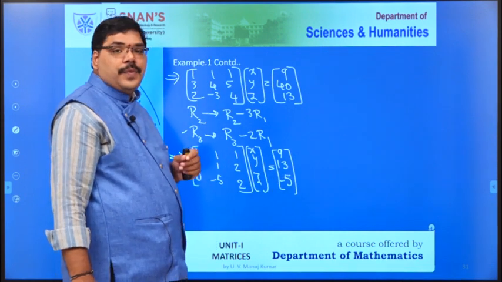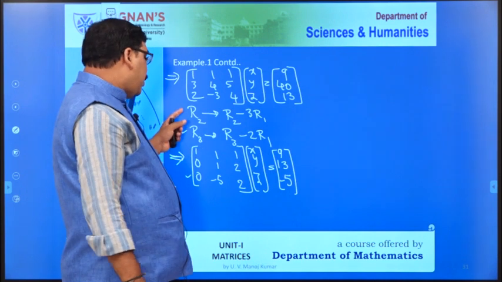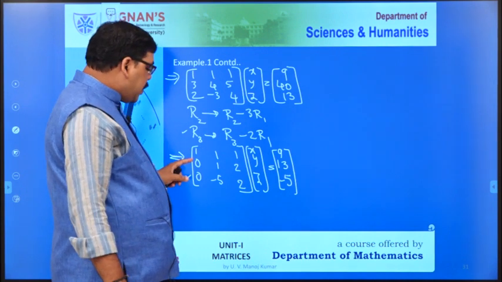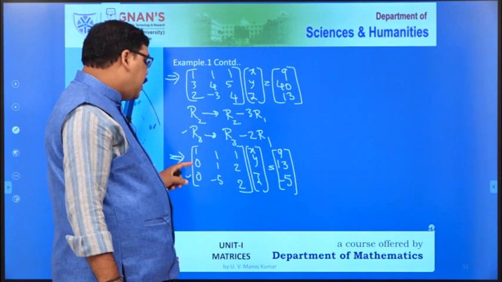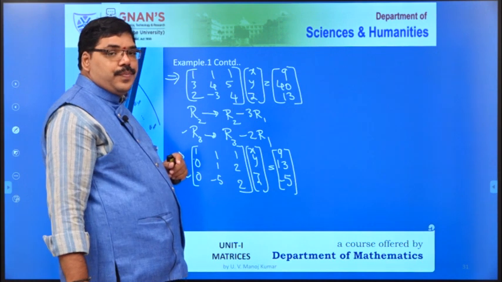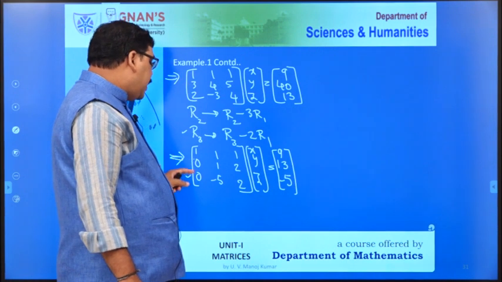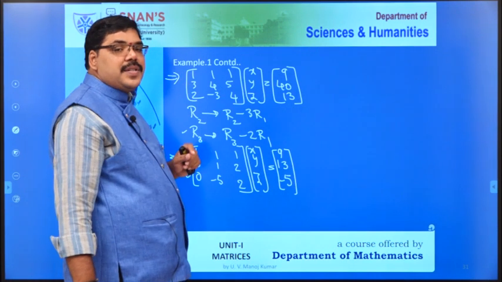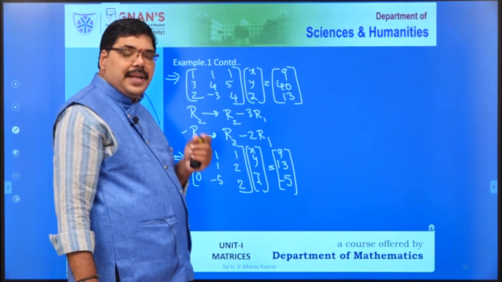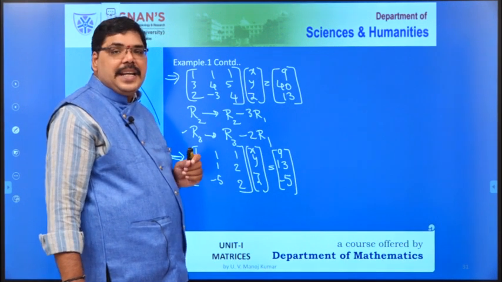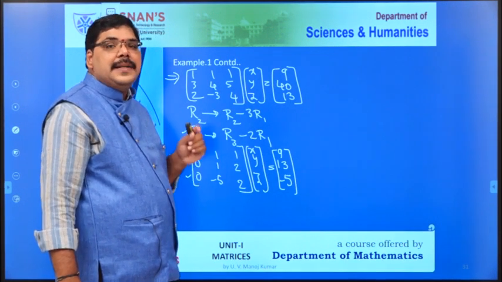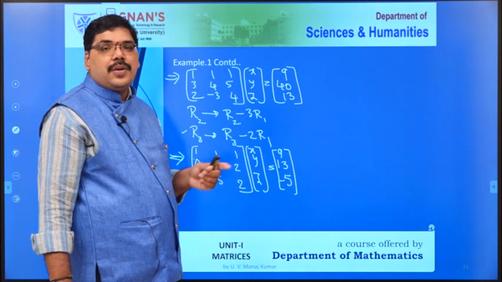After applying the row operations, in the first column, if you see, these two elements became 0. We used the first diagonal element and made the first position elements of other rows into zeros. Similarly, use the second diagonal element and make the second position elements of other rows into zeros.